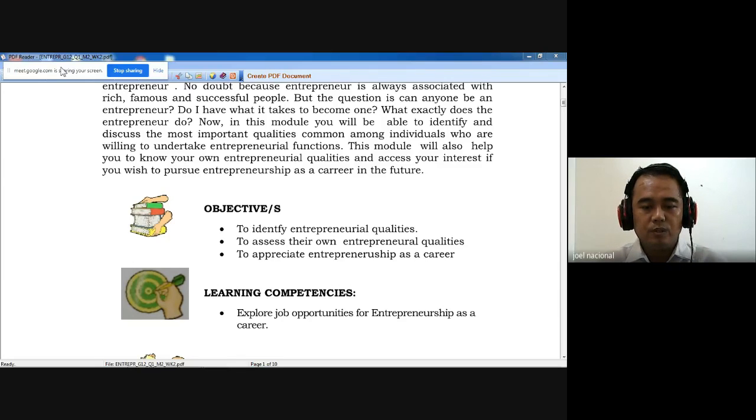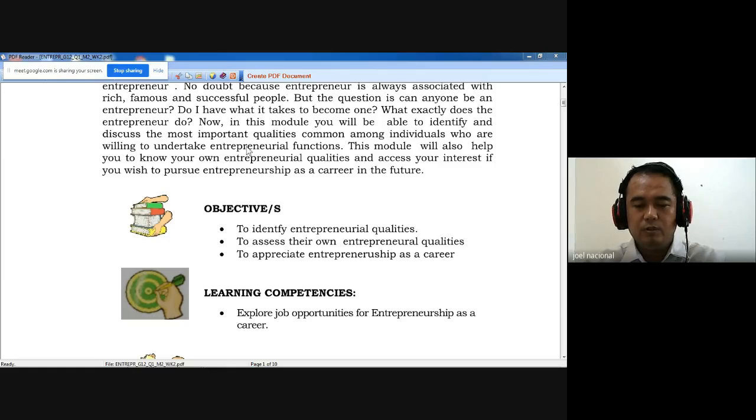The first one, to identify entrepreneurial qualities, to assess their own entrepreneurial qualities, and the last objective is to appreciate entrepreneurship as a career. And we have the learning competencies, and this is explore job opportunities for entrepreneurship as a career.